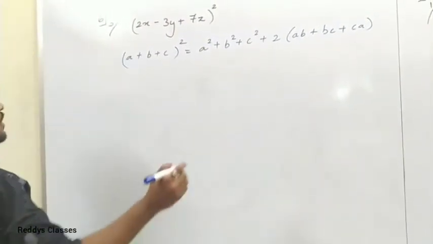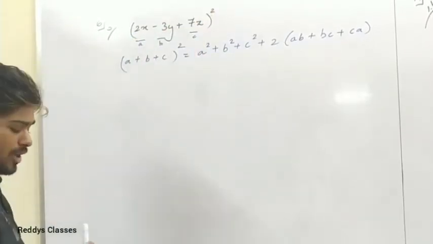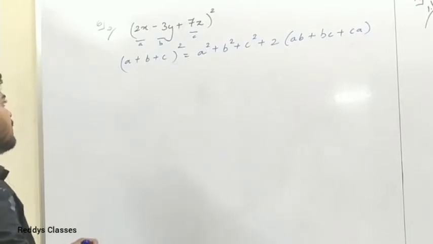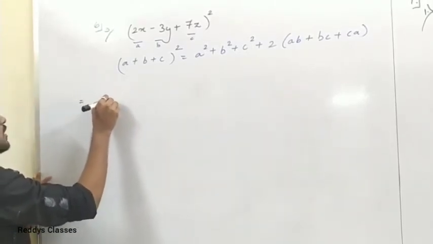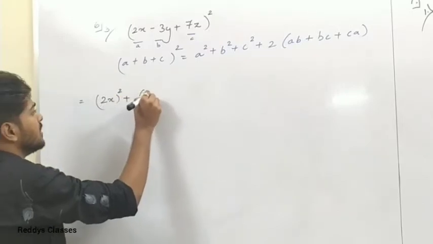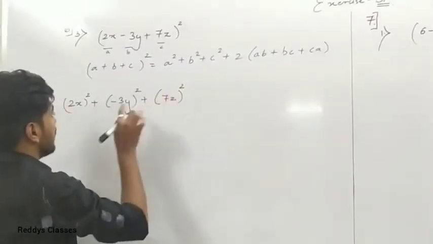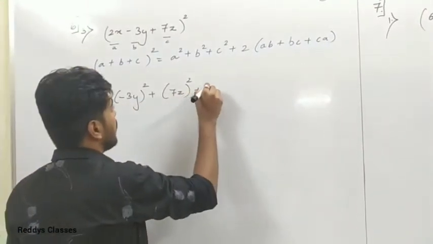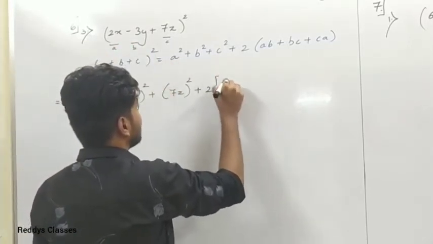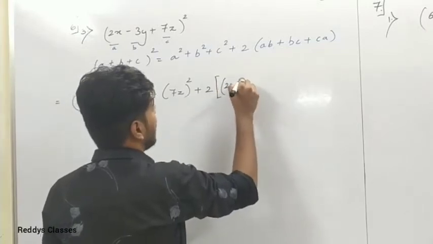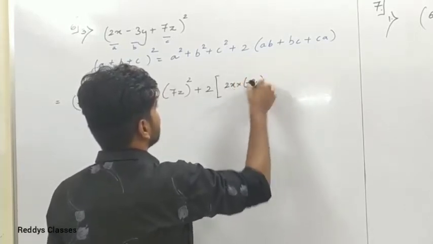Okay, let us start. Here you can see this is the value for a, this is for b and this is for c, the whole square. The same formula is going to be used now. We have a square plus b square plus c square. a square is 2x square, b square is (-3y) square, plus c square is (7z) square, plus 2. ab is 2x multiplied by minus 3y.